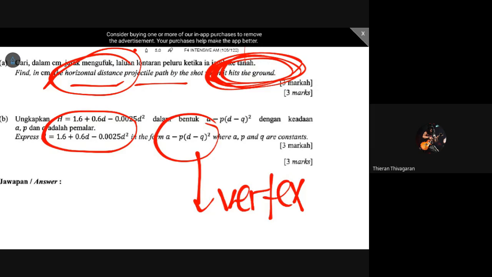Once you guys get the answer, can share. Bila dapat jawapan terus share. Yeah, it's alright. Boleh pergi, jangan risau.